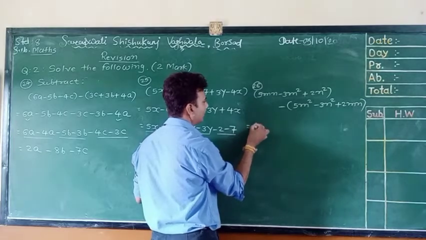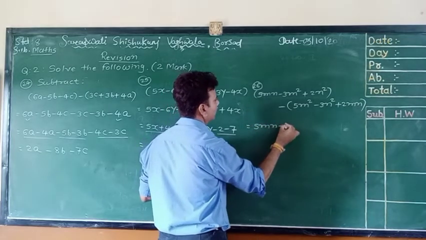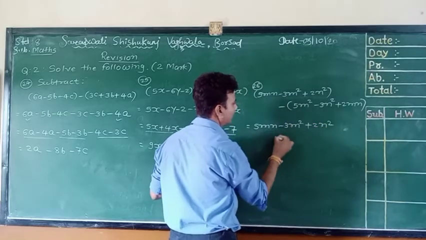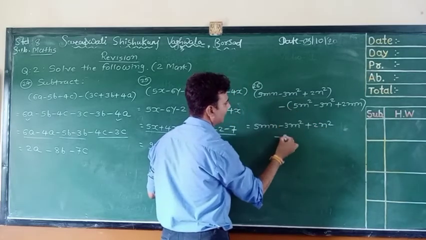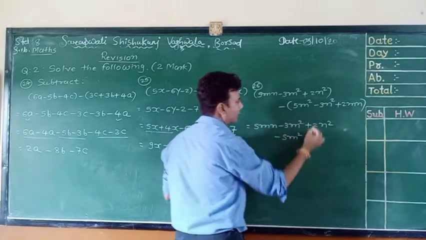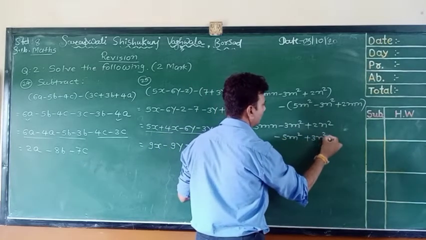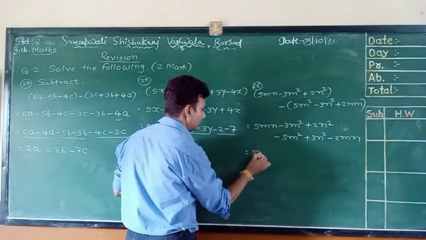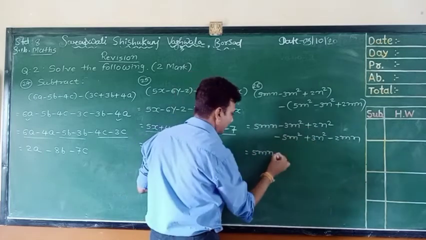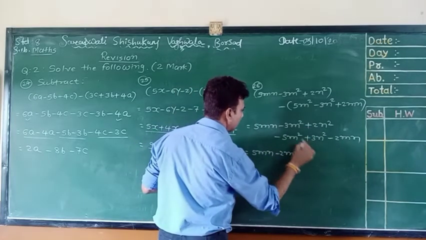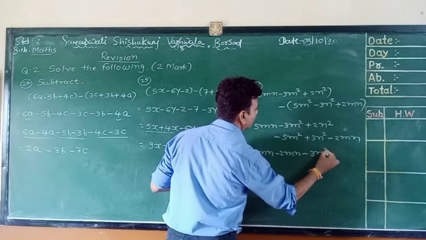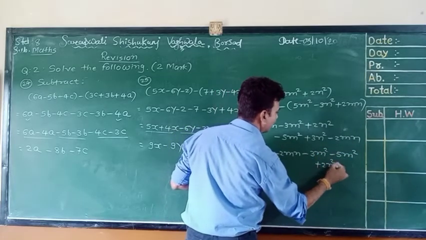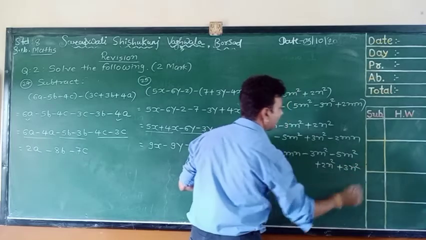First we will write this: 5m minus 3m square plus 2m square, and the sign outside the bracket is minus, so this sign will become minus 5m square, minus will become plus and plus will become minus. Now this 5m and this minus 2m, minus 3m square, minus 5m square, plus 2m square, and this plus 3m are like terms.